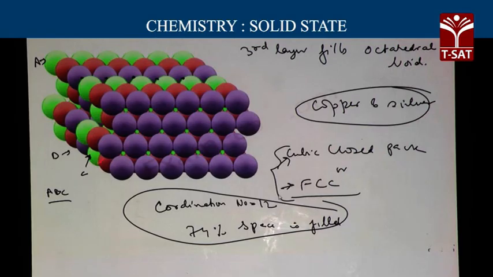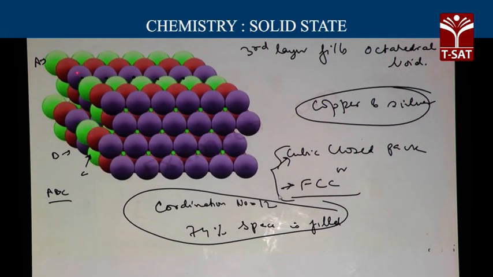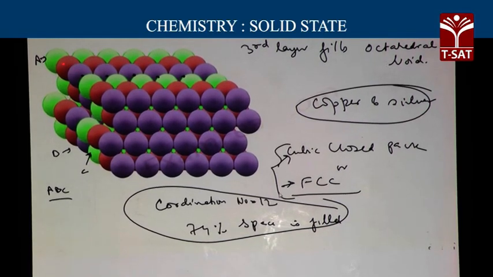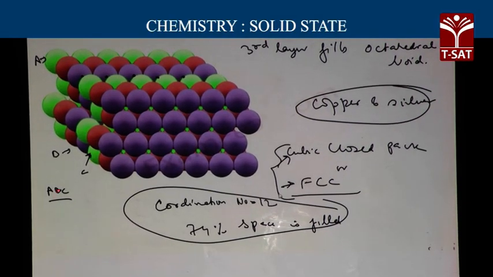Look at this, this is the hexagonal close packing. A, B, C, different colors, green, pink, violet. A, B, C type of pattern of arrangement. The second layer is in the depressions of the first layer, and the third layer fills the octahedral void.